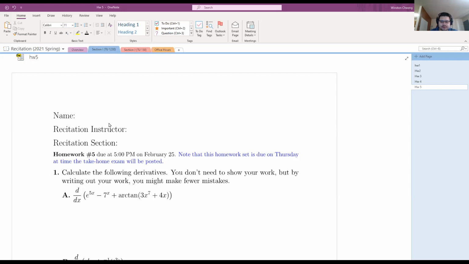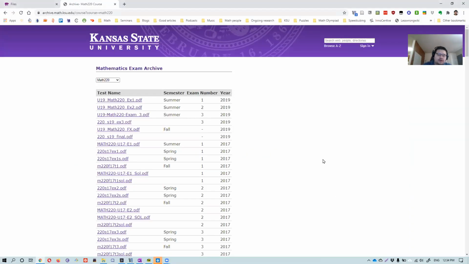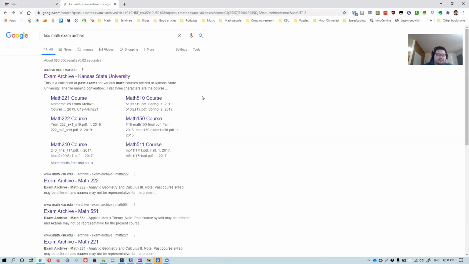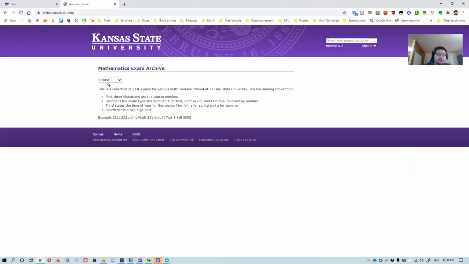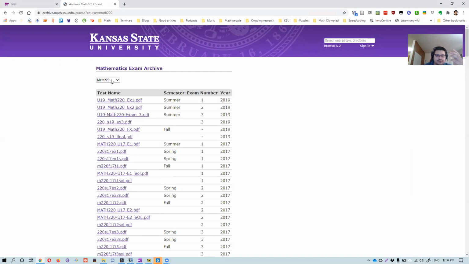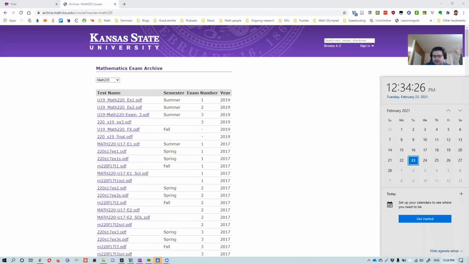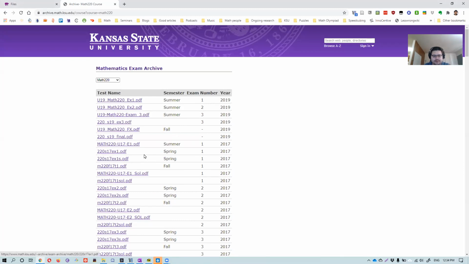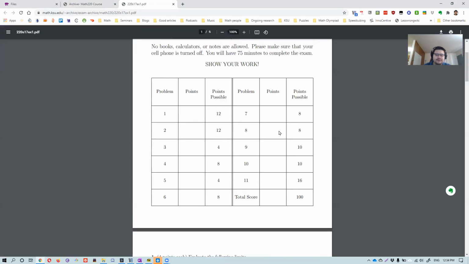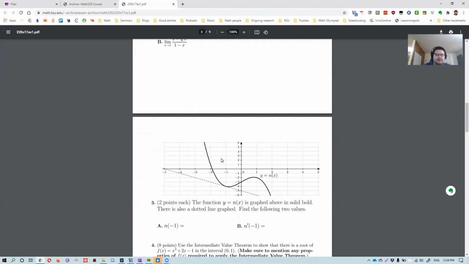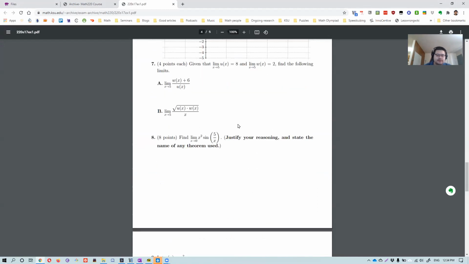show. I guess I'll show my whole screen. So there's an exam archive for math. All you need to do is just Google KSU Math Exam Archive, and then you'll get access to this. And if you fill in what course we're in, so this is Calc 1, you can take a look at the exams from the spring semester, which are probably the most relevant, and you can get a sense of what the exam will most likely look like.